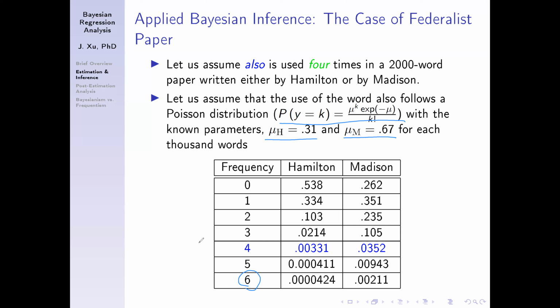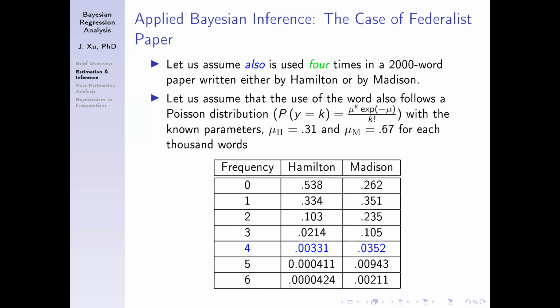And we can look at the row for the frequency of 4. So for 4 occurrences of "also" in the 2,000-word paper, the probability for Hamilton is 0.00331, and the probability for Madison is 0.0352.